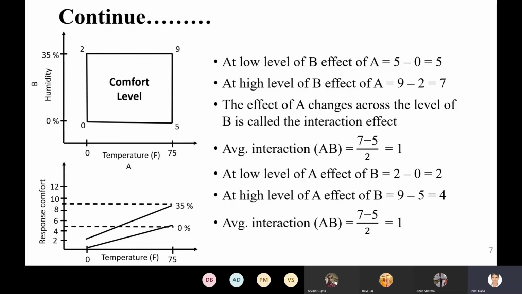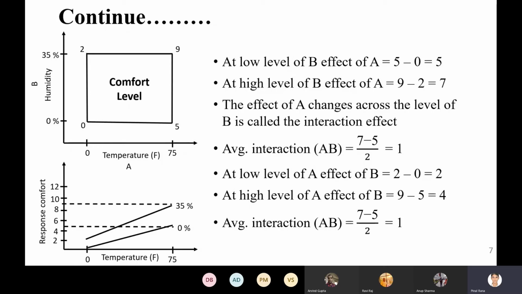In the bottom left corner, I have drawn the graph of comfort level with temperature at different values of humidity. This line is for 0% humidity and this line is for 35% humidity. Here we can observe some difference in the slope.